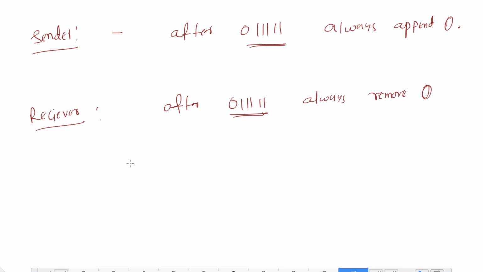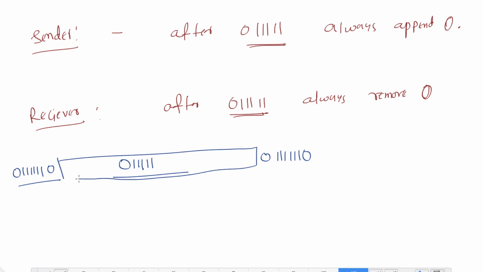Now suppose your data is this only, which means your data is 0 followed by 5 ones, and it is basically not containing the flag, which means not 0 followed by 6 ones and then 0. Your data is 0 followed by 5 ones, and maybe it is having 0 0 after that, something like that.